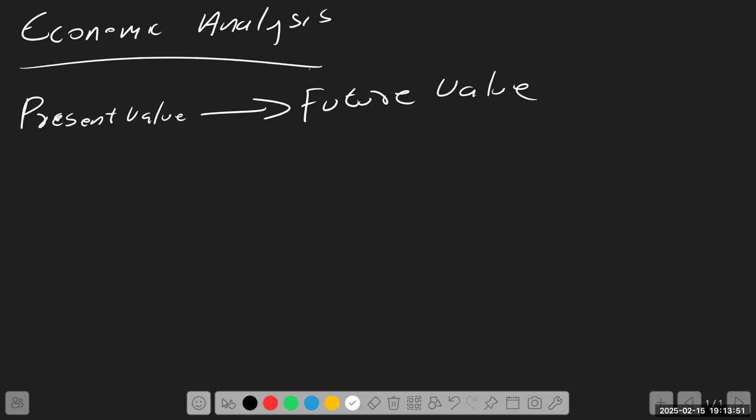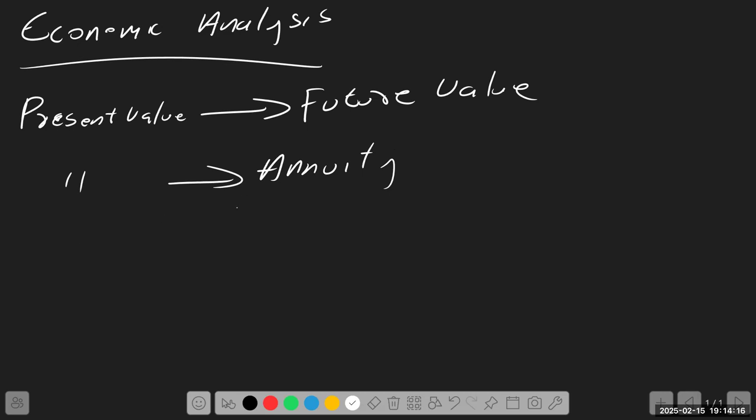They'll give the present value after a certain period. What is the future value? Then vice versa also, they'll give the future value and ask us to find the present value. Then they'll give us the present value investment and ask us to find the annuity, annual return, how much.